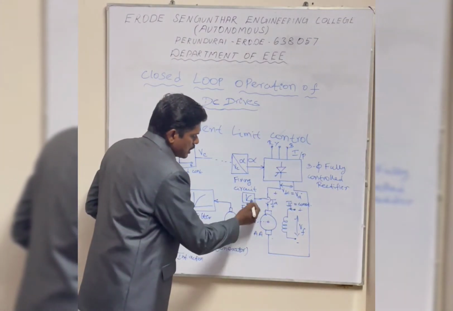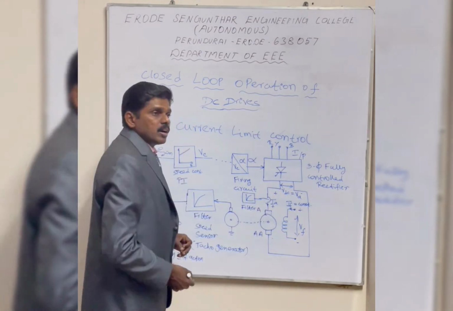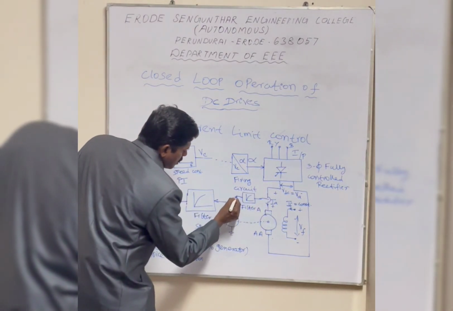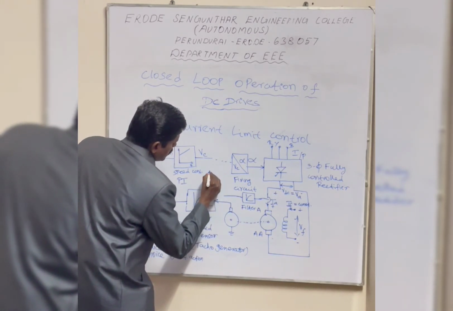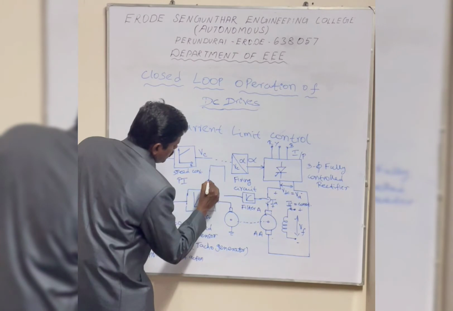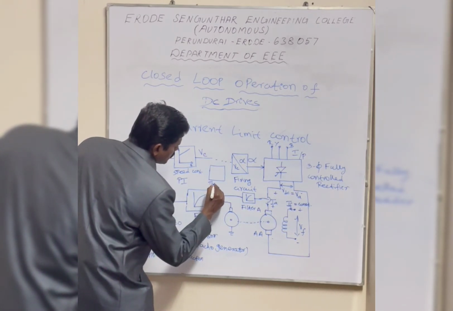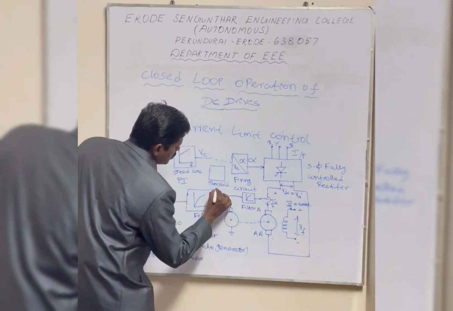That filter circuit will reduce the harmonics and noise available in the current signal. That output signal is given to one more circuit, called a threshold circuit.